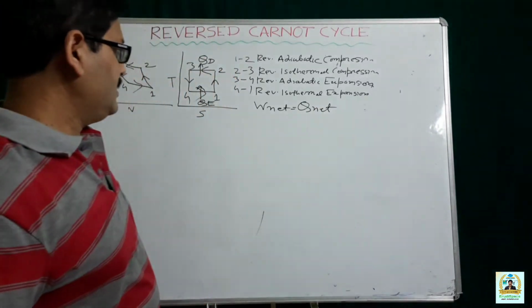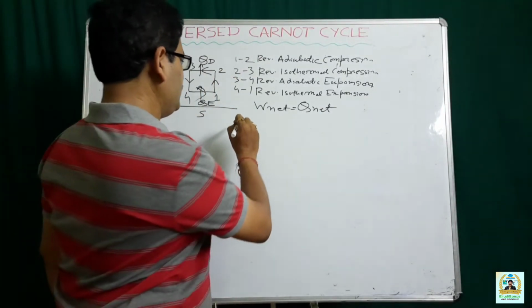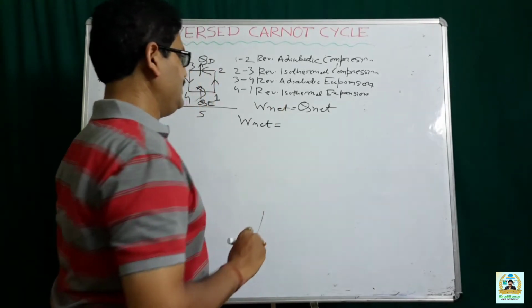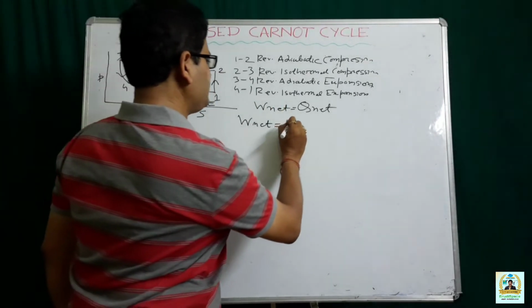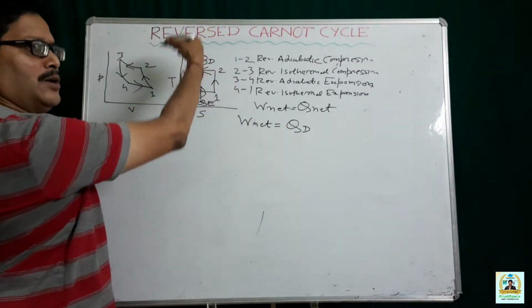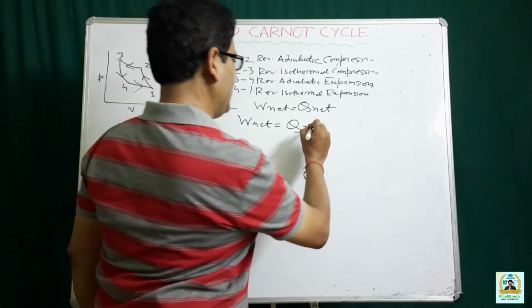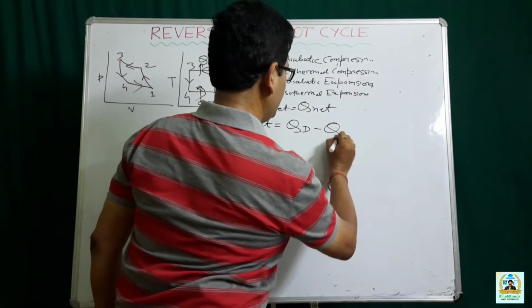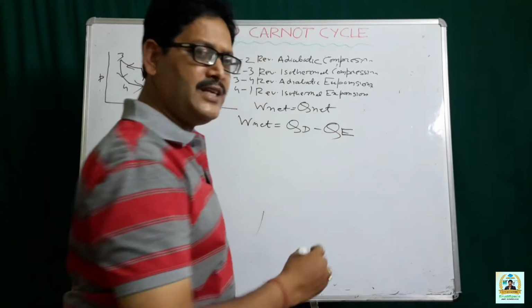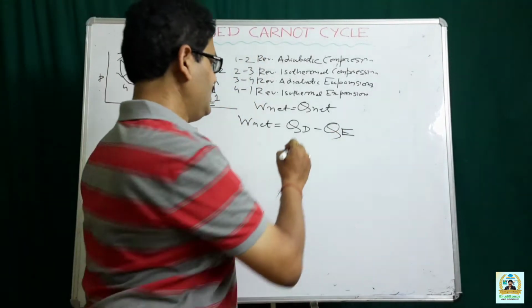So the net work transfer W net is equal to the difference between the heat that is delivered to the surrounding condensing medium minus the heat that is extracted from the medium which is to be maintained at low temperature.